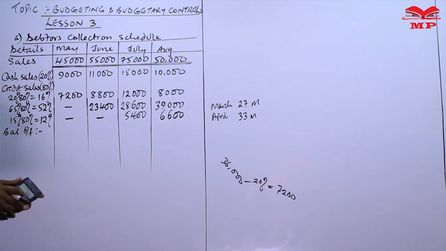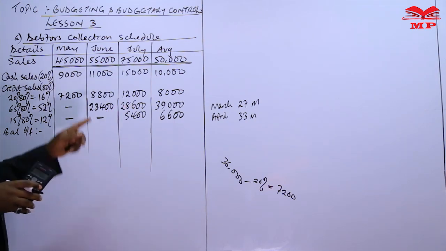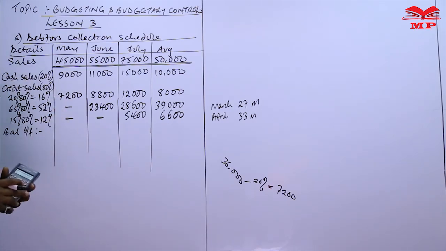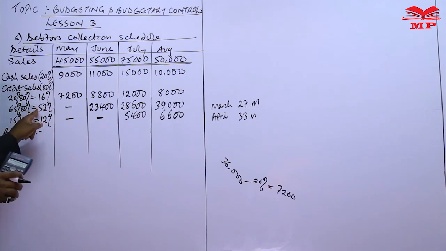This is now from the sales made previously or prior to this period of May. So therefore, the balance shall be, there is this now, the 52% and the 12%.